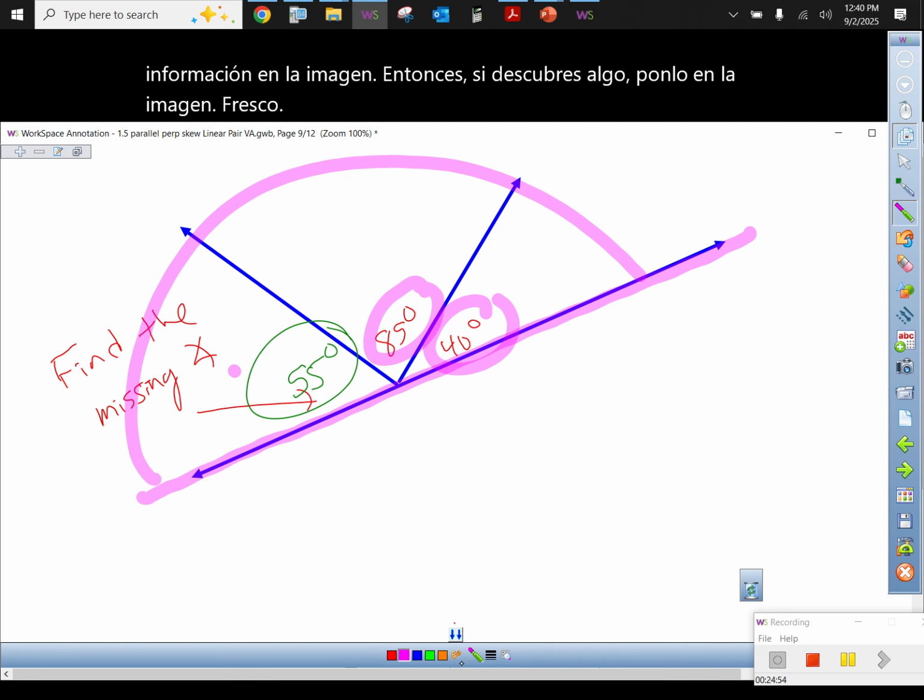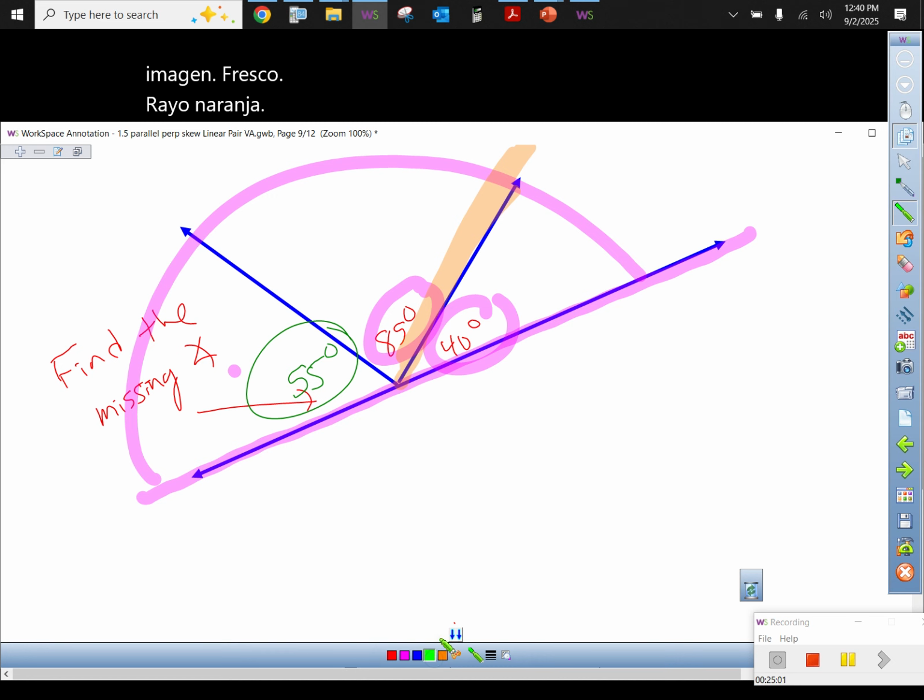Cool? Bonus question. Orange ray, green ray. It's not green. How about now? Green ray. Discuss with table group. Are the orange ray and the green ray perpendicular? You can look up what perpendicular means. It's up right above you on your paper.